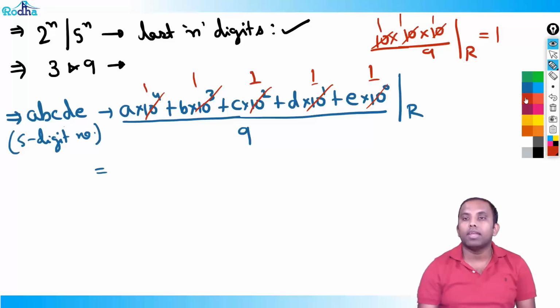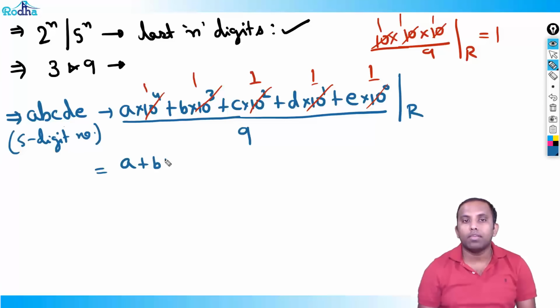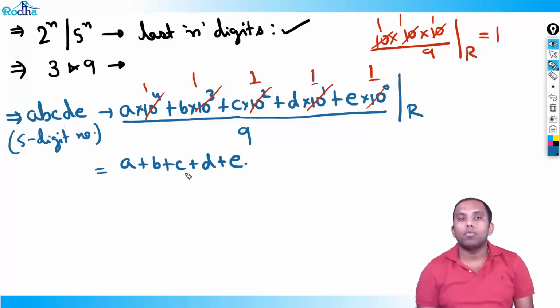So after dividing by 9, I'm left with A plus B plus C plus D plus E. If this number has to be divisible by 9, on dividing by 9 the remainder has to be 0.